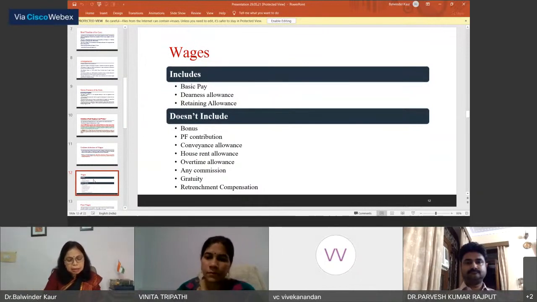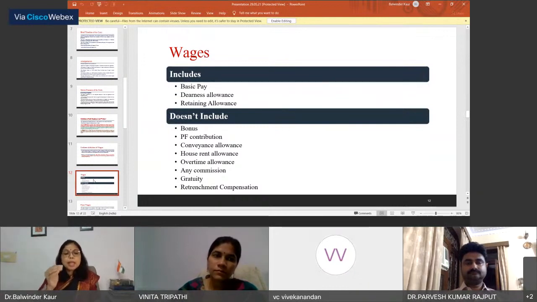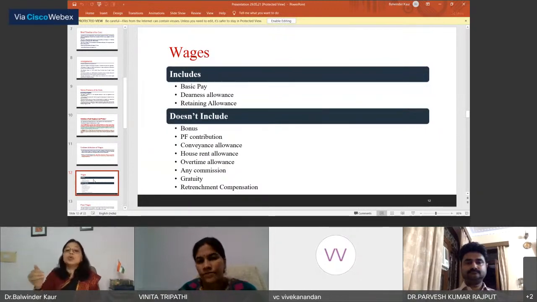And then there is another thing mentioned under the Code on Wages 2019. It says that if the exclusions, which won't be included under the definition of wages, exceed 50% or the limit prescribed by the government, then the amount which exceeds shall be added to the wages.